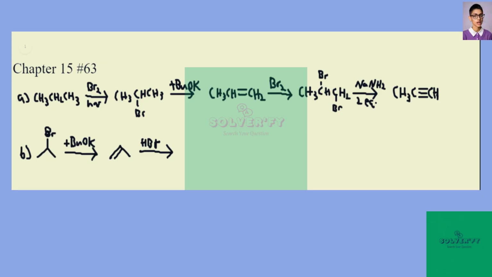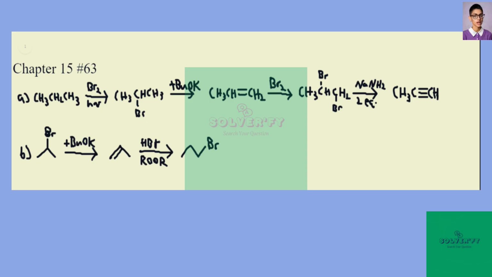So with peroxide, that gets us to our product. Remember, if we were to just use HBr, we would be right back at our starting material, but those peroxide conditions allow us to add it in an anti-Markovnikov fashion and get to our final product there.